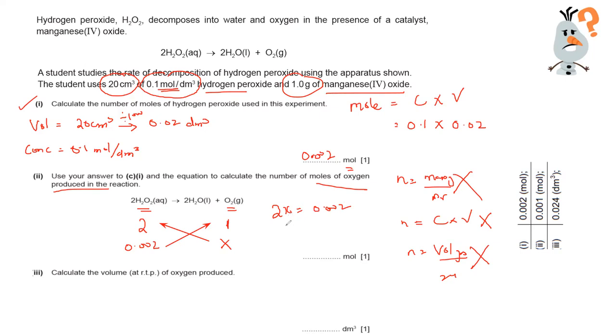We need this x, the moles, so x will be 0.002 divided by 2, which equals 0.001. Is it clear, the second part? Is it clear to everyone?